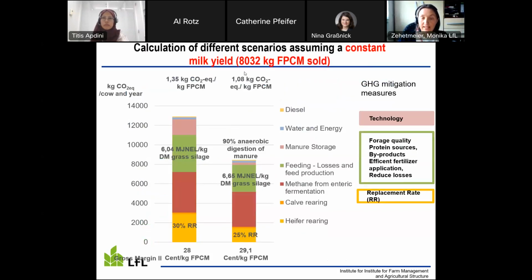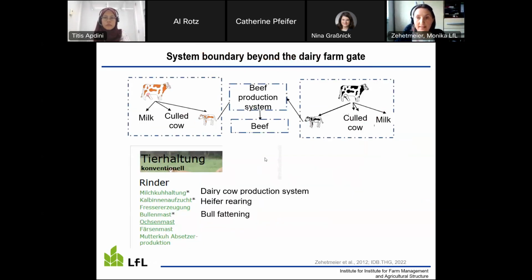Yeah, I said so far we looked at the system with a constant milk yield. And what is also important is to look beyond the dairy farm gate. And why is this so? I have a little example here. This is especially important for Bavaria, if you have the typical Bavarian dual-purpose dairy cow and you have a specialist dairy cow.